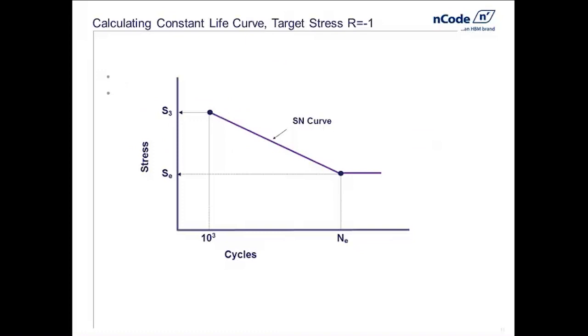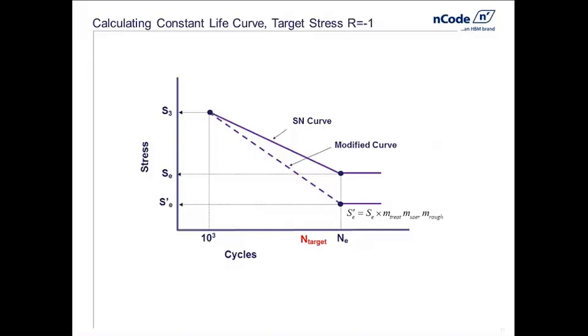So we start with an SN curve out of the database. Again, we would apply things like surface treatment corrections and certainty of survival to it to generate the curve we're going to use for the fatigue analysis. And then as part of the input to the factor of safety, you specify a target life.